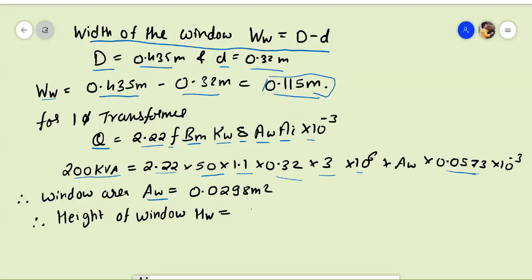That can be written as 0.0298 divided by 0.115. That will be equal to 0.26 meter. So Hw will be equal to 0.26 meter.